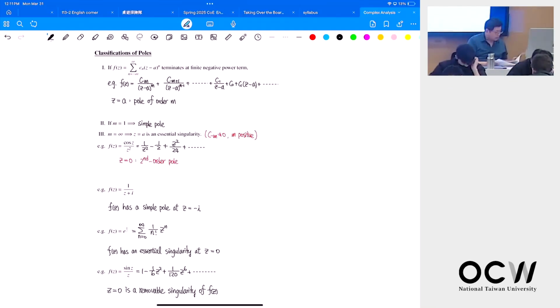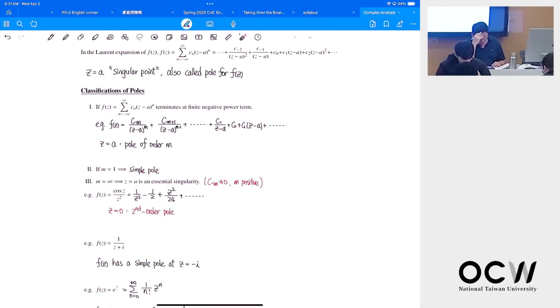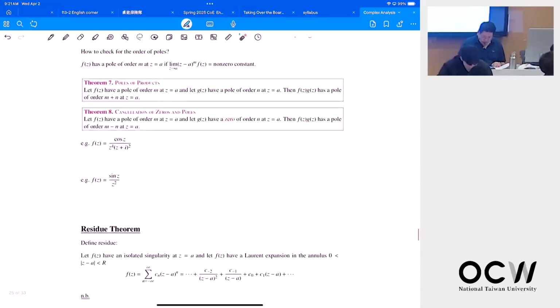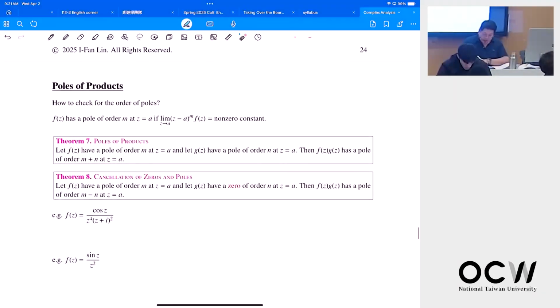All right, any questions? And how do we check the order of poles? In this case, this is a simple case, but if I have a complicated denominator, how do we decide the order of poles? Here, we can check whether the complex function has a pole of order m at z equals a. Very important, at z equals a.